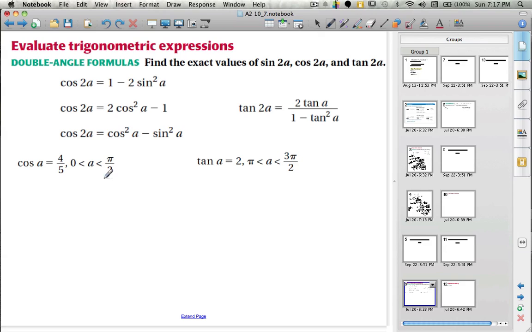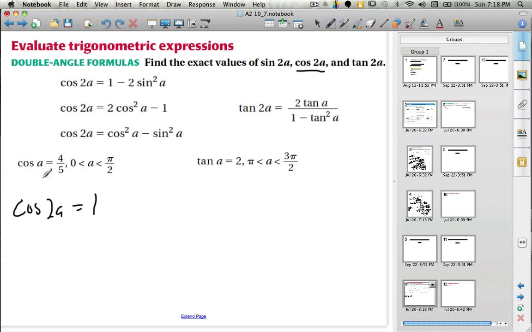Okay, now we also have the ability to go ahead and evaluate some of these, right? So if I want to evaluate the exact value of cosine of 2a for this problem, I know that the cosine of 2a will be equal to, and I want to work with what I was given.